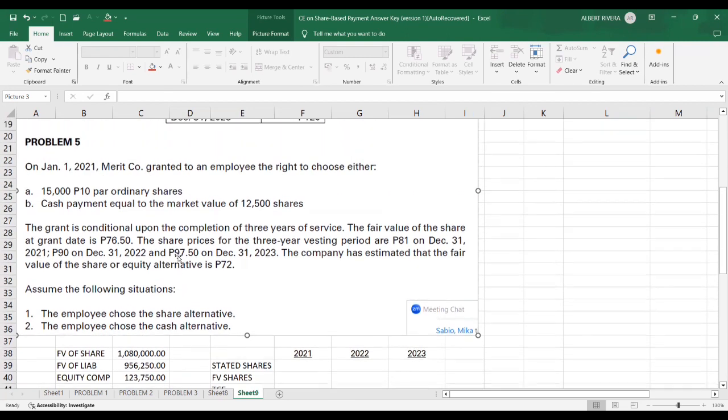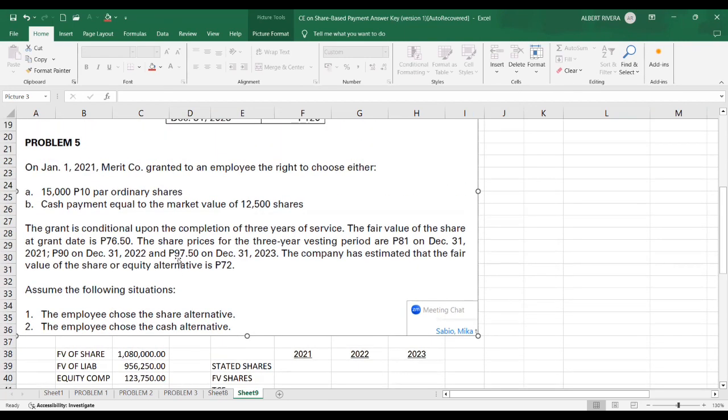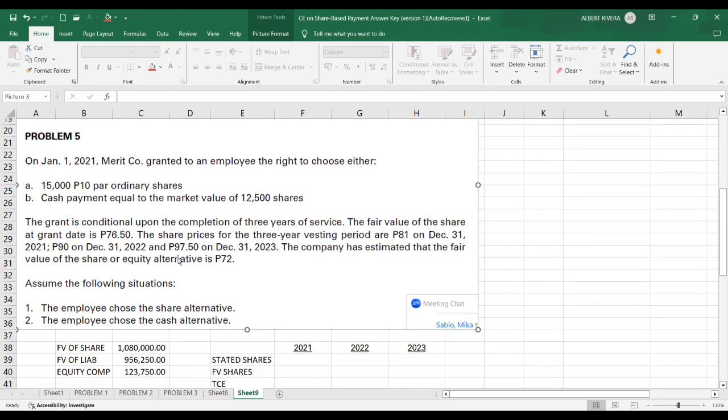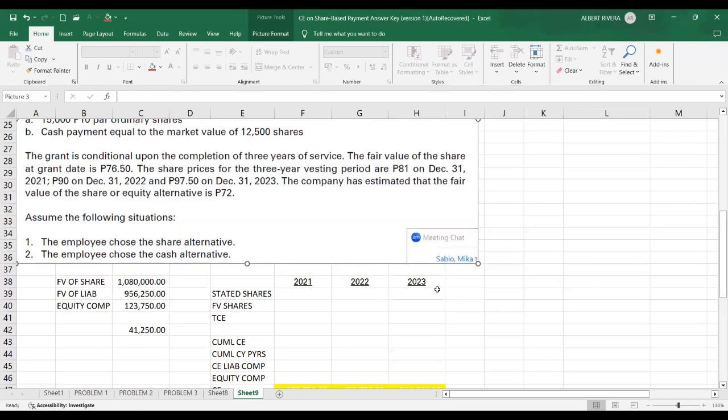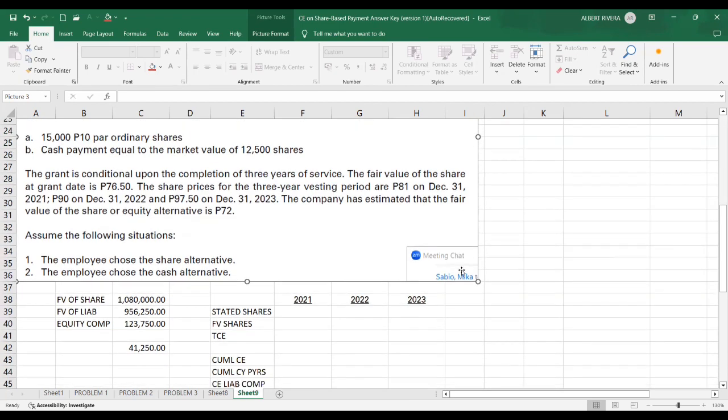Okay? If there is now an option granted to the employee to choose whether equity or cash settled, your step number 1 is to determine the amount of the compound financial instruments. And under IFRS 2, okay, the value of the compound financial instrument should always be the fair value of the equity alternative.